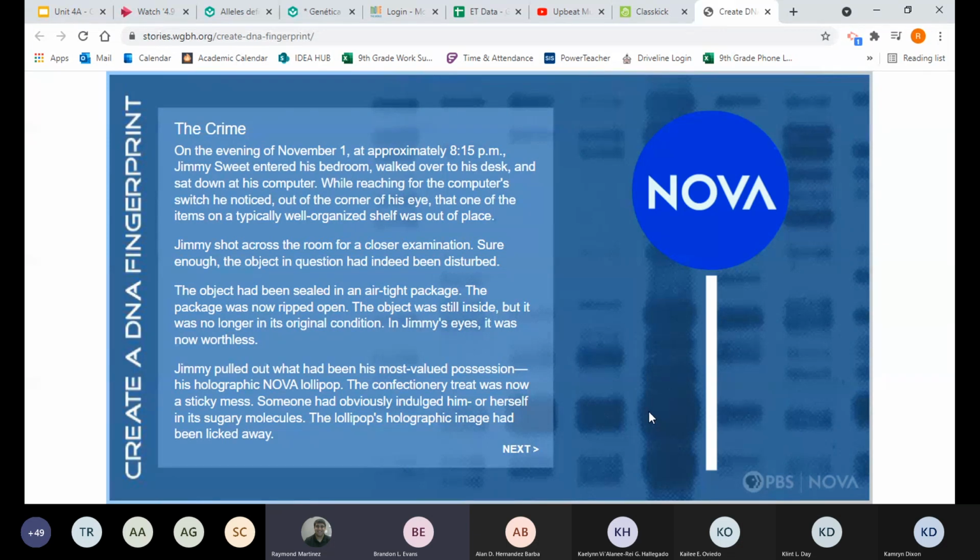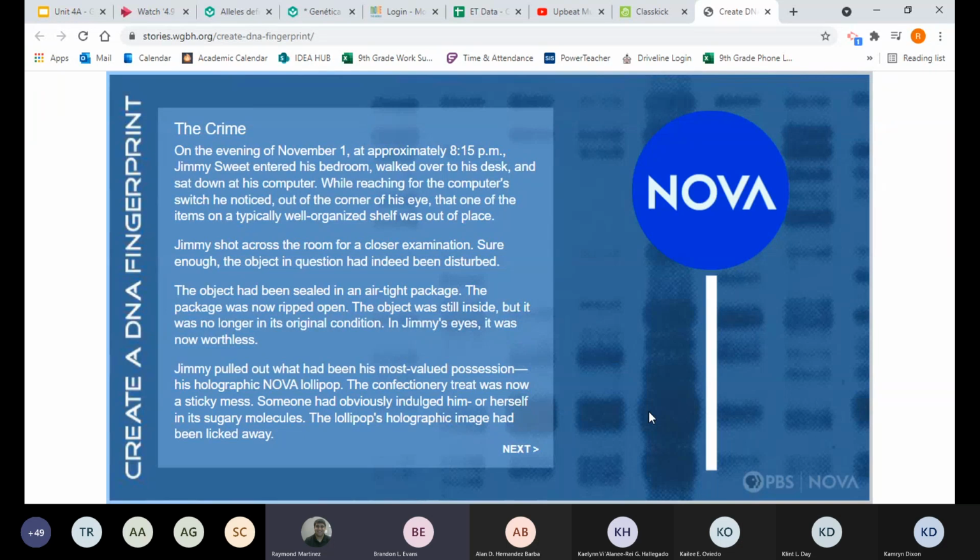Jimmy pulled out what had been his most valued possession, his holographic NOVA lollipop. The confectionery treat was now a sticky mess.